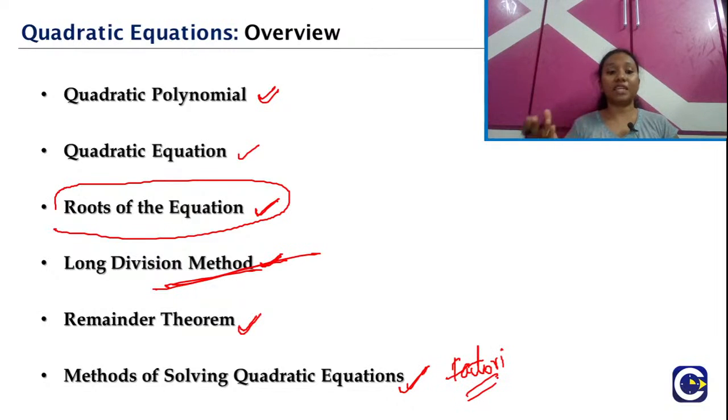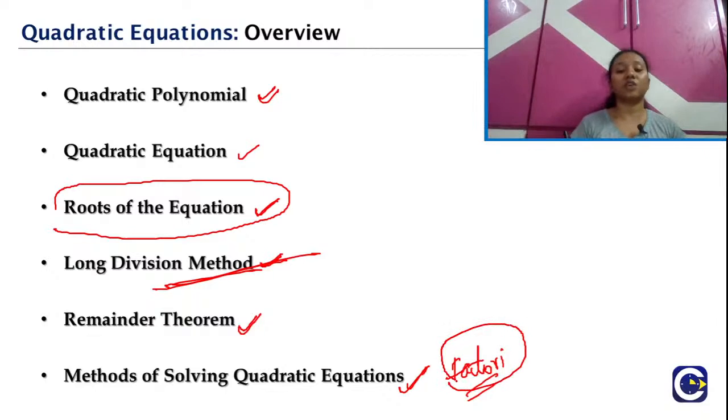If you remember, while dealing with linear inequalities, we did the factorization of a quadratic equation or a quadratic expression. So that is one of the methods of solving any given quadratic equation.